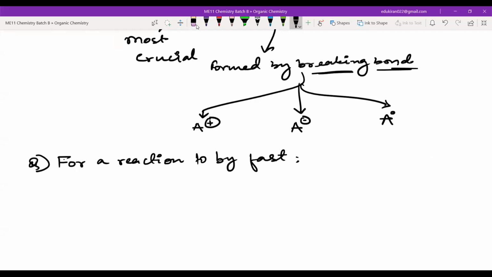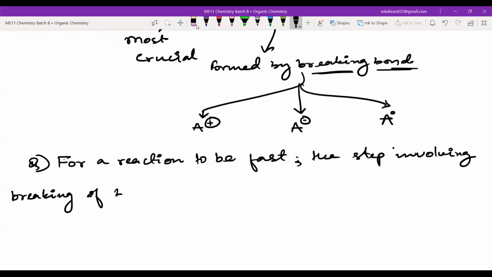For a reaction to be fast, the step involving breaking of bonds should be fast or slow? Tell me. If I want a reaction to be fast, then what should happen? The step involving breaking of bonds should be fast or slow?